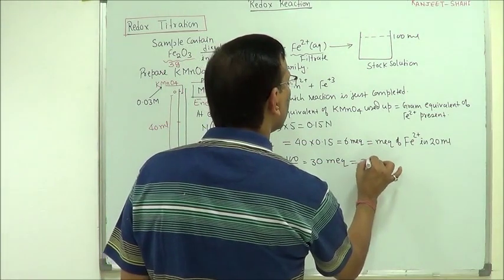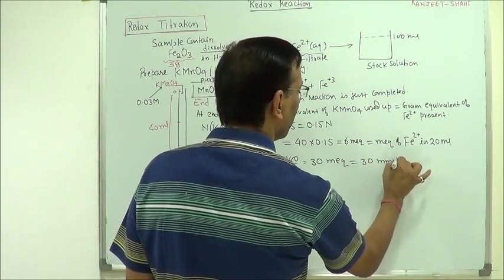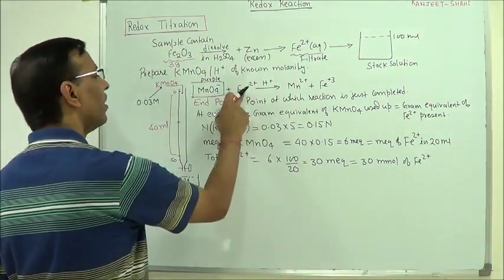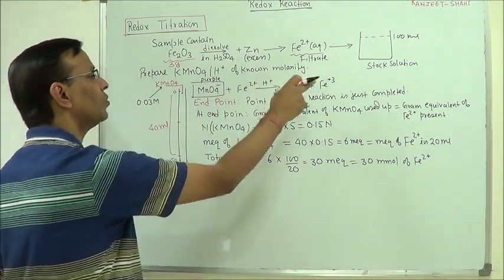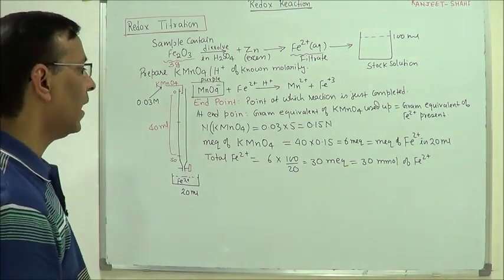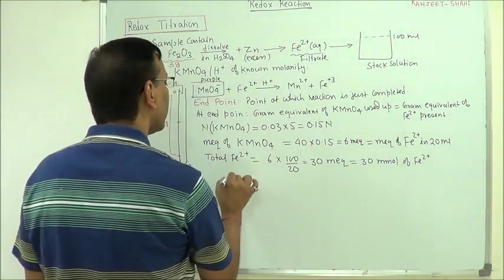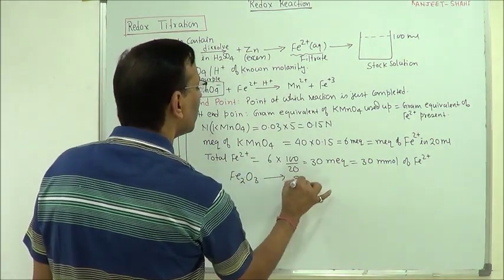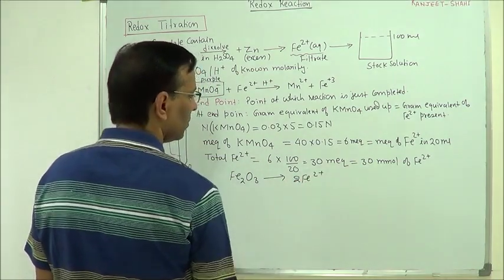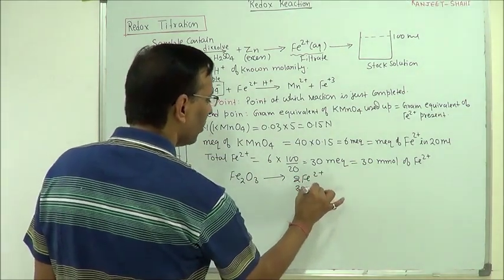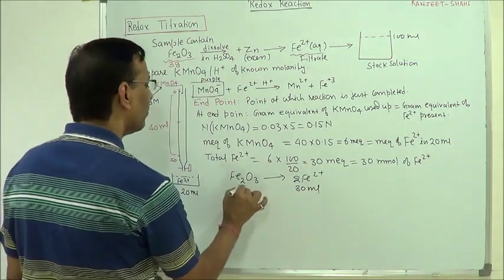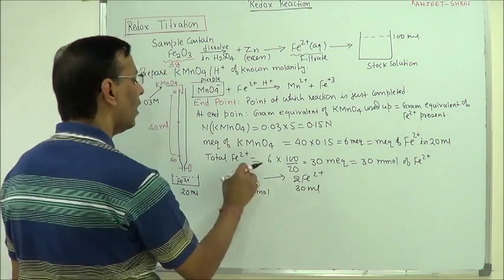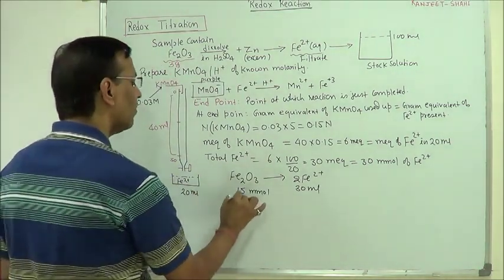It will also be 30 millimole of ferrous ion, because the n factor of ferrous ion is 1 here, plus 2 to plus 3. And the source of this ferrous ion is ferric oxide, Fe2O3, giving 2 ferrous ion. So if we have 30 millimole of this ferrous ion, definitely there would have been 15 millimole of Fe2O3 in the sample.